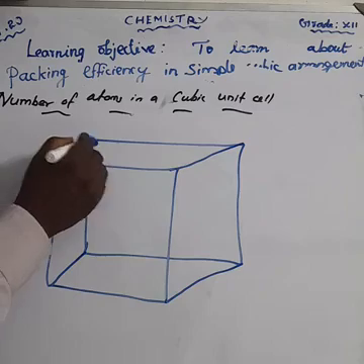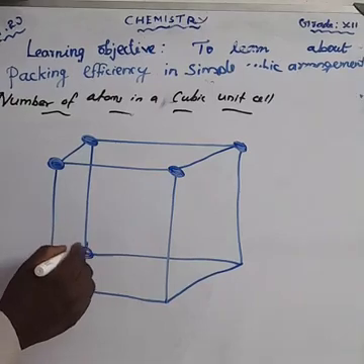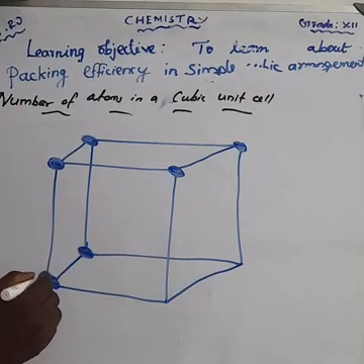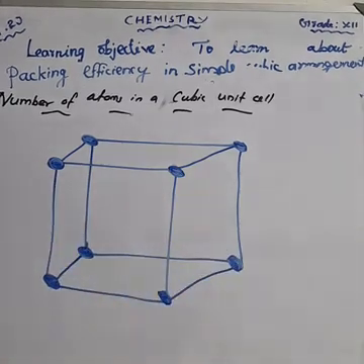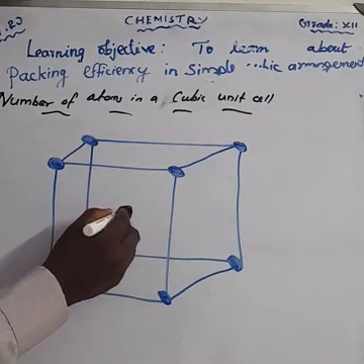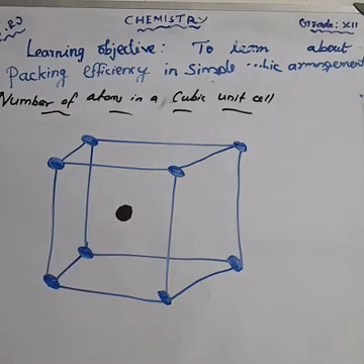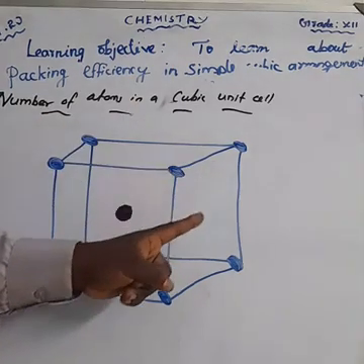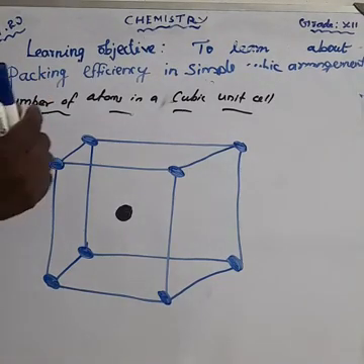Each corner has atoms, and the center of the cube has one. That is the body center. Clear? In the body-centered cubic unit cell, each corner is occupied by one identical atom, and also the body has one.